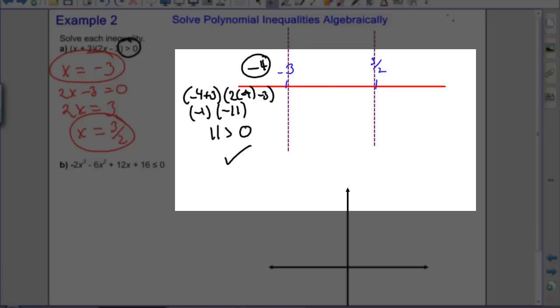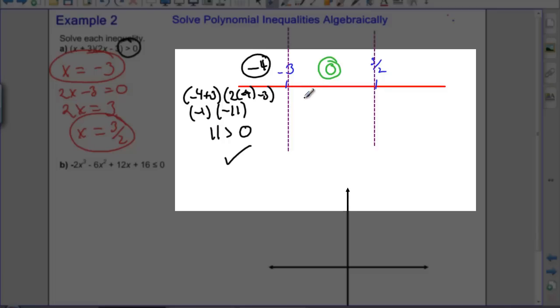Then we want to pick another test point in the next interval. So because the number 0 exists between -3 and 3 over 2, I suggest you use that. It just makes the math a little bit easier. Now in this case, I'm actually not going to solve in finding the number because I'm not even concerned that this is an 11. All I'm concerned about is it's a positive number.